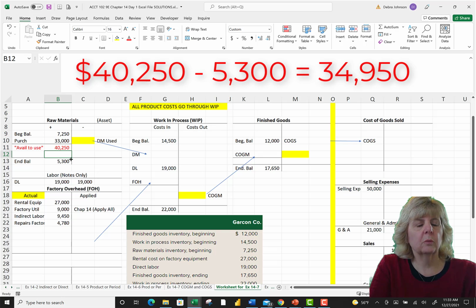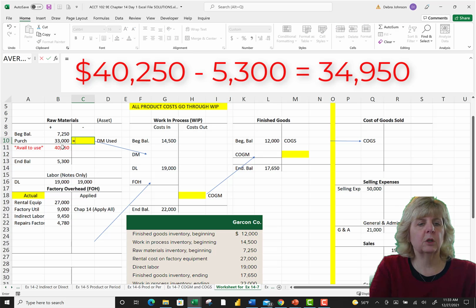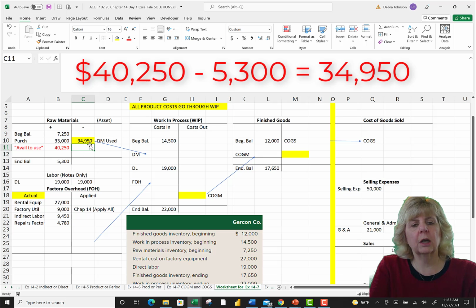Since 5,300 of those remained unused in the balance sheet, the direct materials used must be the difference between those 2 amounts. So over here in the yellow box, I'm going to calculate the difference between the 40,250 and the 5,300. If you want to do that on your calculator, let's check each other.